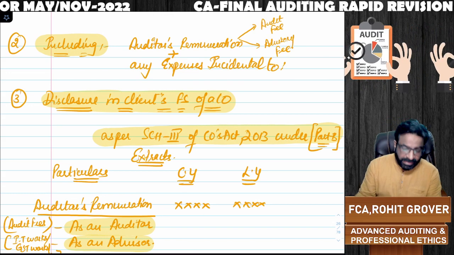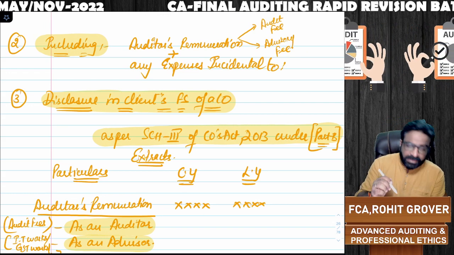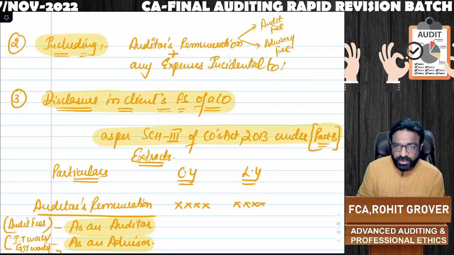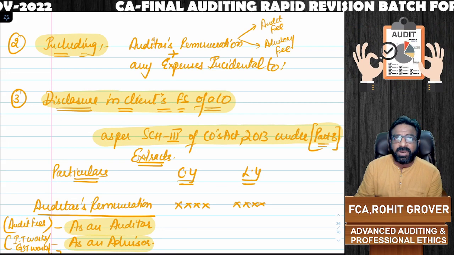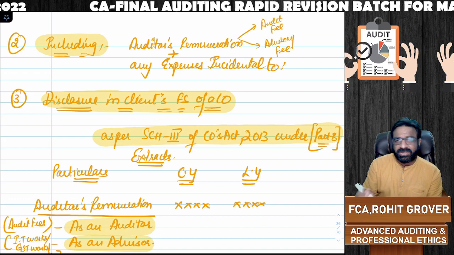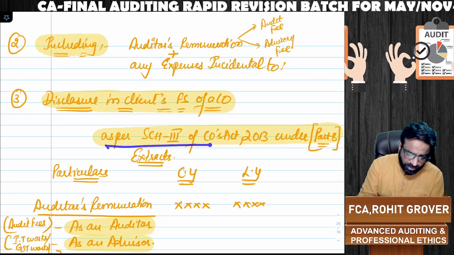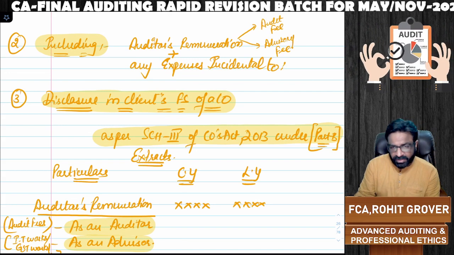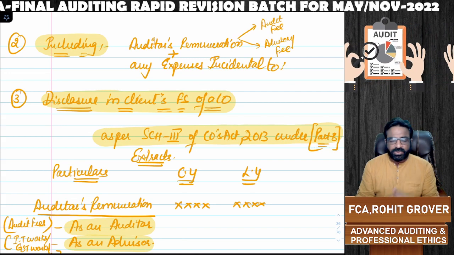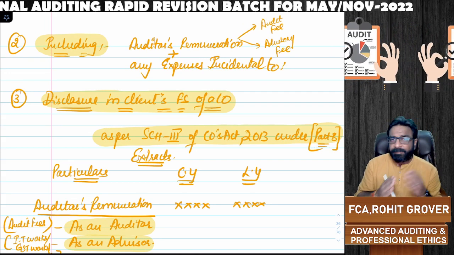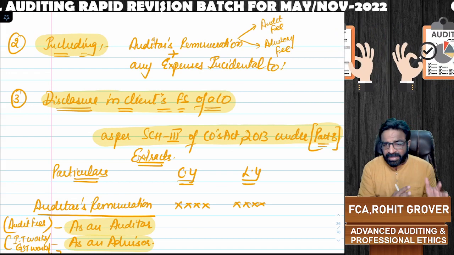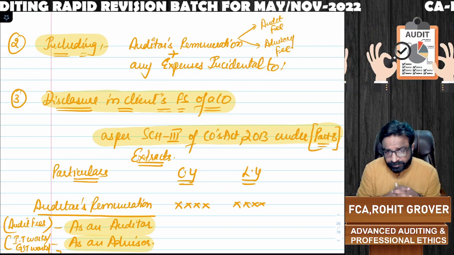Clear? Next point. In section 142, how is the client required to disclose the remuneration in his books of accounts or financial statement? As per Schedule 3 of the Companies Act 2013, under Part B, Schedule 3 is divided into two parts: Part A talks about the balance sheet, Part B talks about the P&L statement.